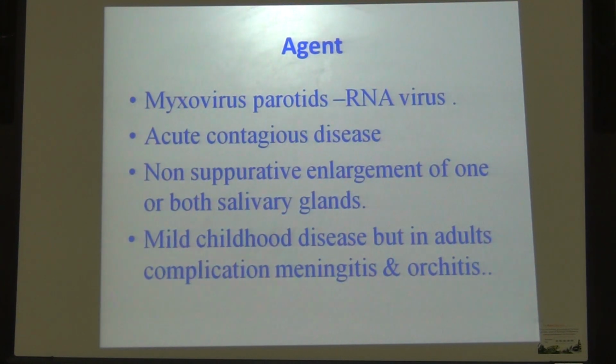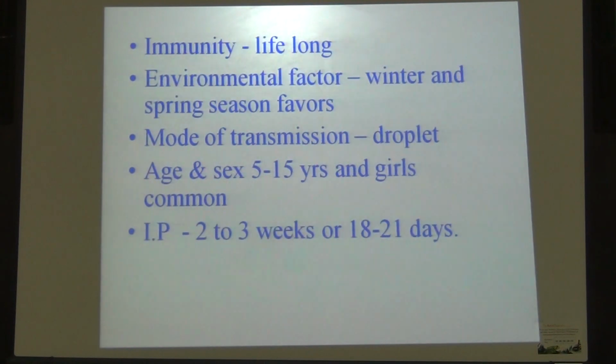It is considered a mild childhood disease, but it also causes disease in adults as a complication of meningitis and orchitis. Mumps also gives lifelong immunity. Once the patient gets the disease, he or she becomes immune.